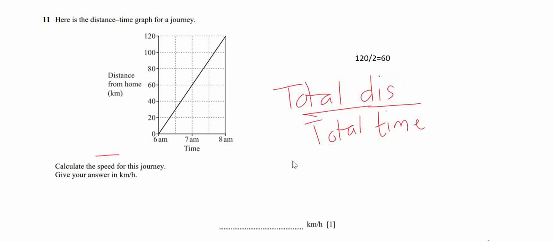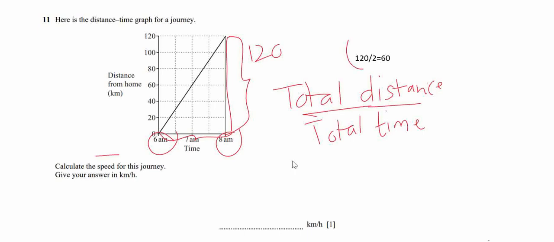So this is distance. The total distance is 120. You will see from this triangle, it's 120. And the total time is from 6 a.m. to 8 a.m., which is 2 hours. So we do 120 divided by 2, we get 60. So that's how we got the answer, 60 km per hour.